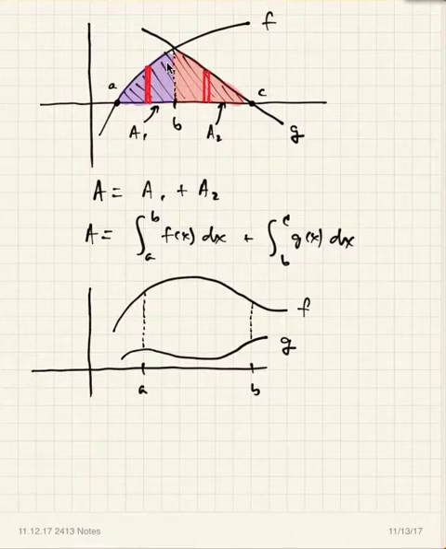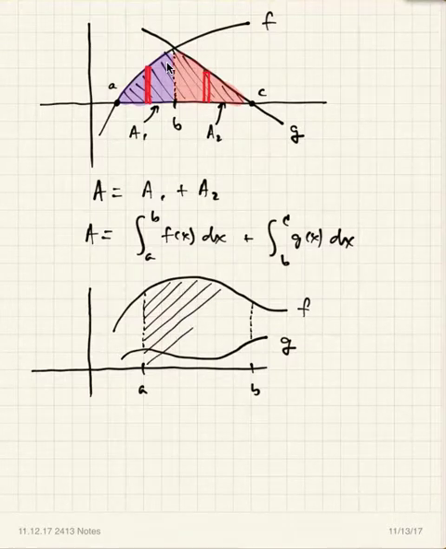So if we're after that area, what I want you to observe here is that if you look at the area underneath f, so the area underneath f and the x-axis, it would be this region right in here, from f all the way down to the x-axis like this.